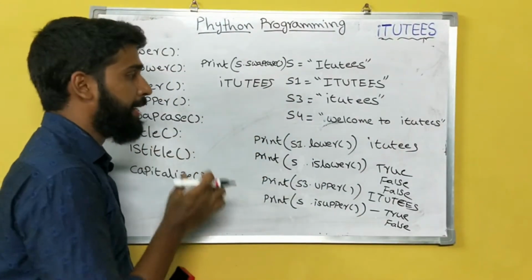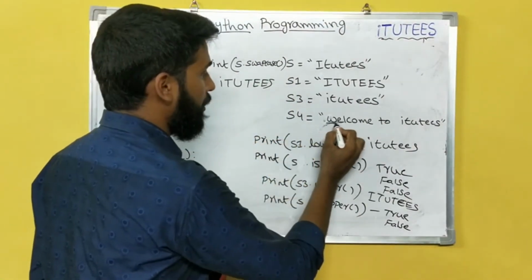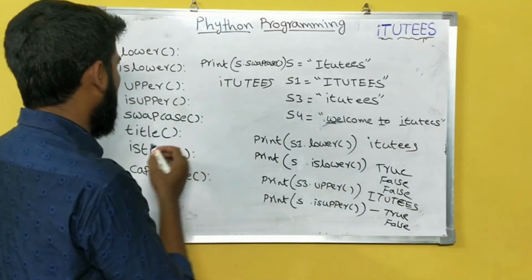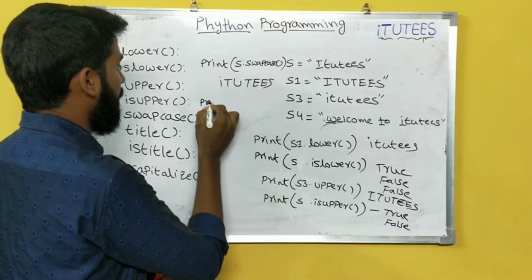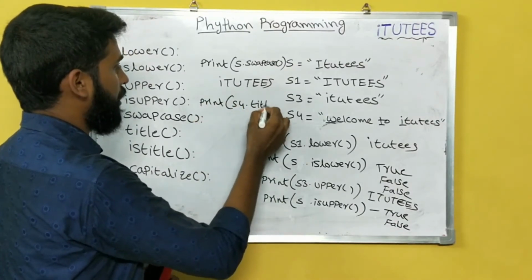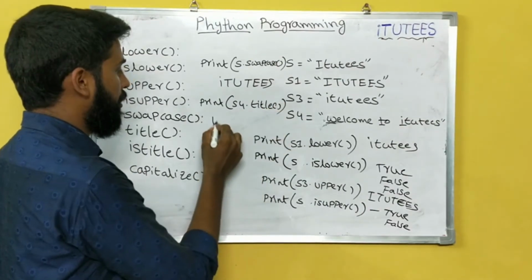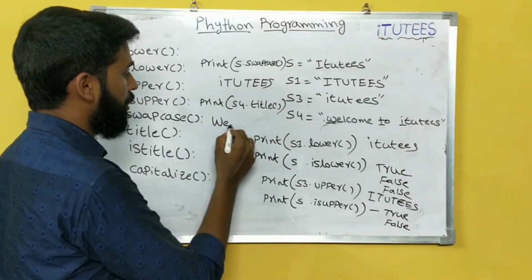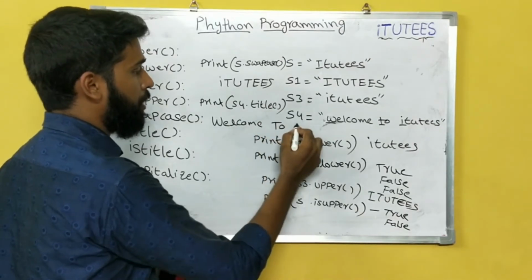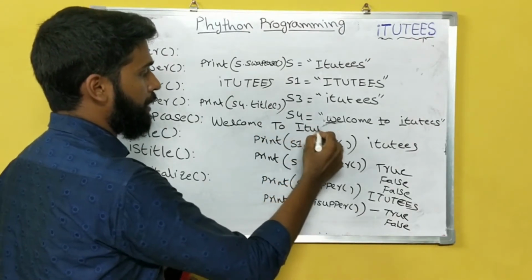So title. It converts all the first letters in a word into capital letters. That means if I use print s4 dot title, what it prints? Capital W remaining small, and T capital, O small, I capital remaining small.